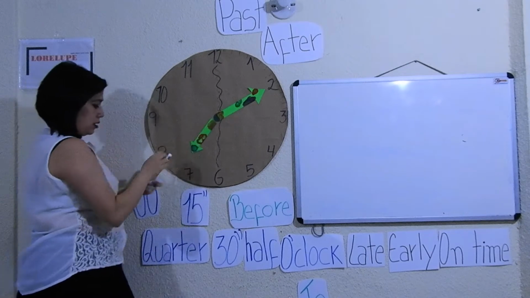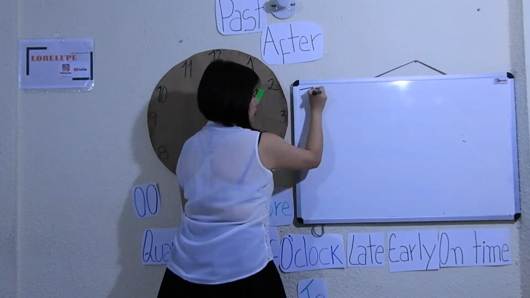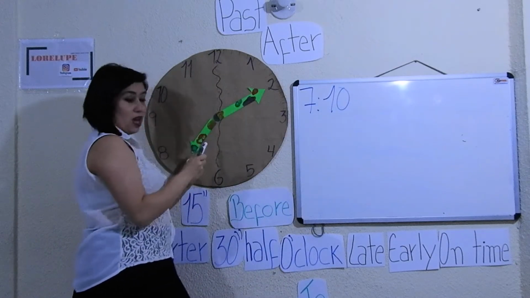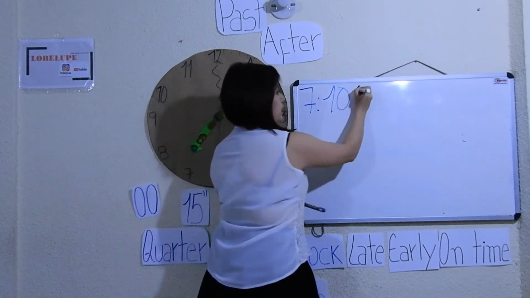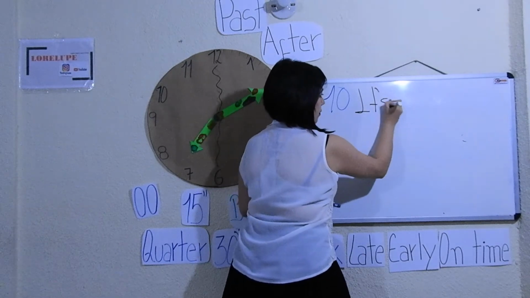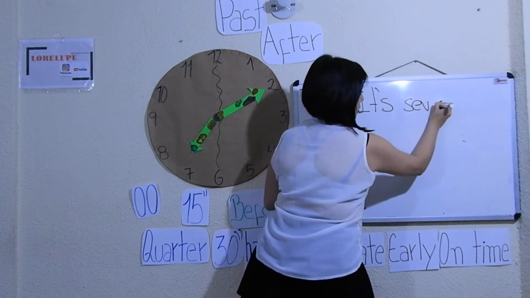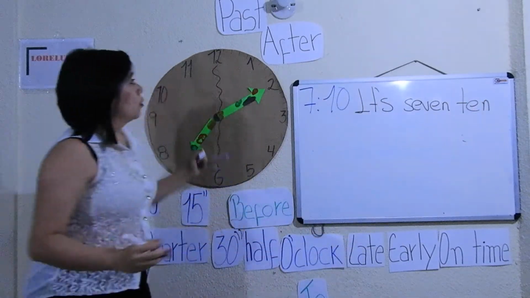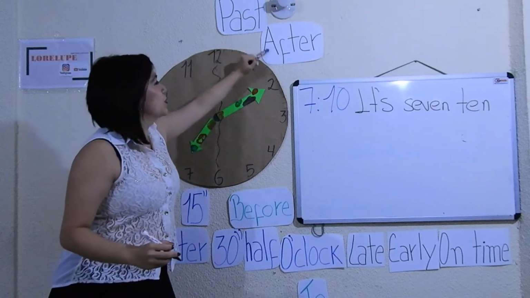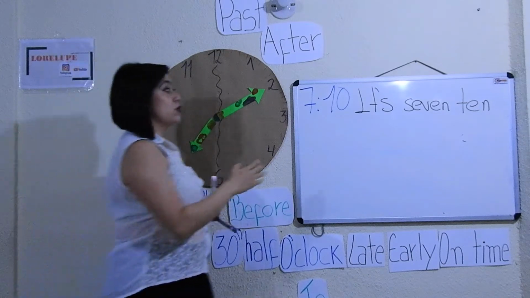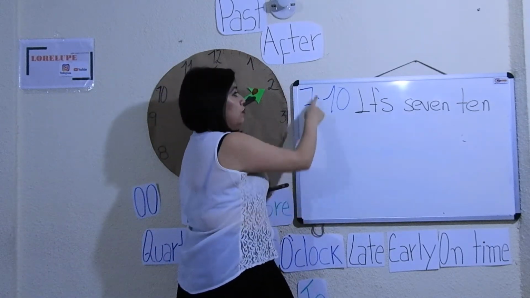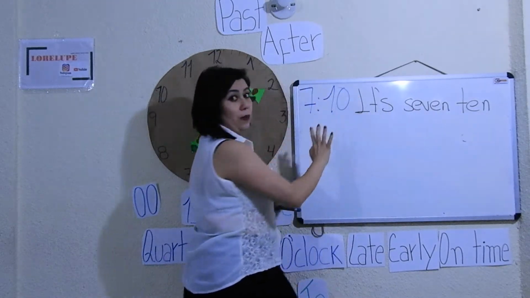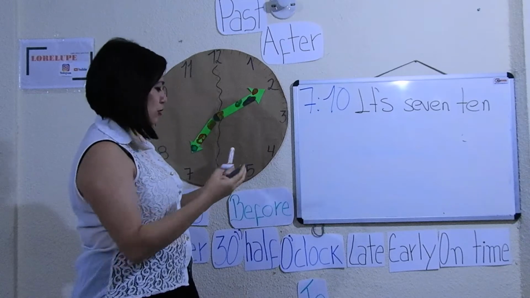It's 7:10. It's 7:10. As I told you, you could say it's 7:10. Well, now I would like you to use this vocabulary. When you say it's 7:10, it's because first of all you mention the hour and later you mention the minutes. Now we are going to do a switch.